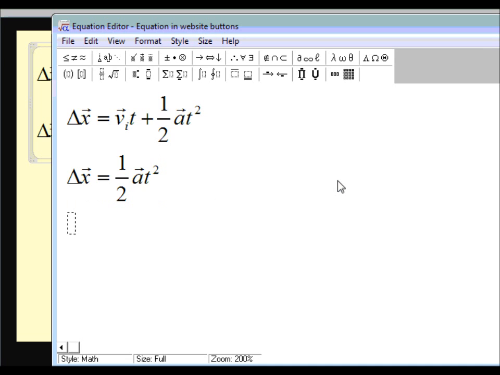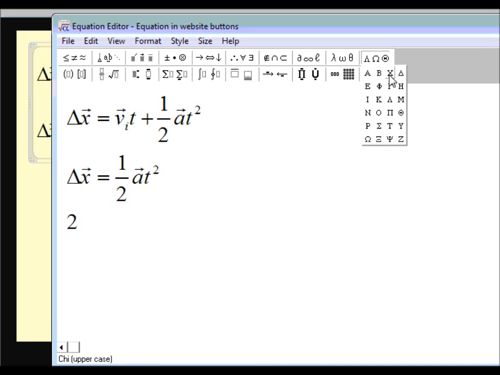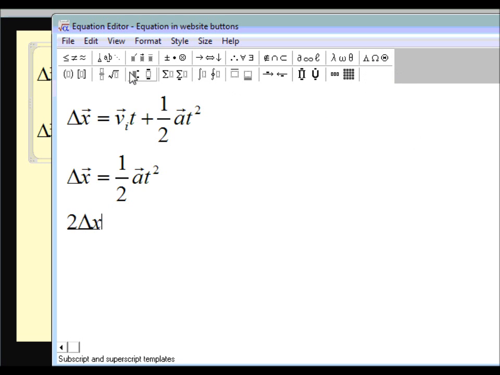So on the left-hand side, we're left with 2 times delta x equals, and if we multiply the right-hand side by 2, we have 2 times 1/2, which is just 1, times acceleration times time squared.